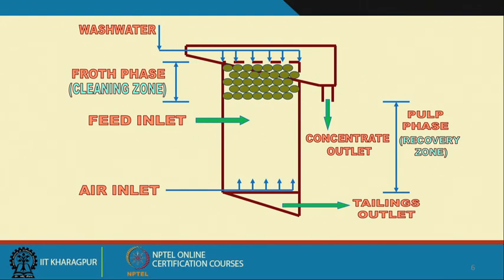There is a schematic of a column flotation cell. See that here the air inlet is there, there is a sparger, and through that air is purged and you generate air bubbles. There is the feed in the form of slurry, and the particles will try to come down and the bubbles are trying to go up, and there you create a froth phase with your hydrophobic minerals.